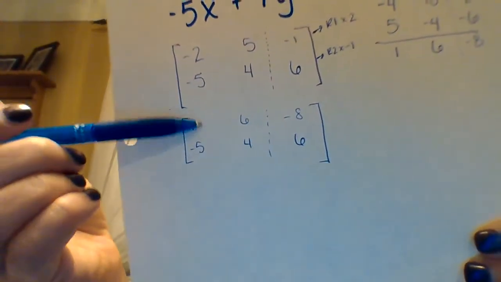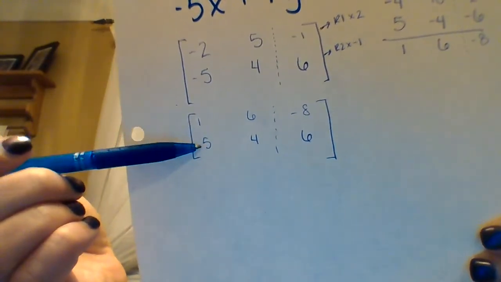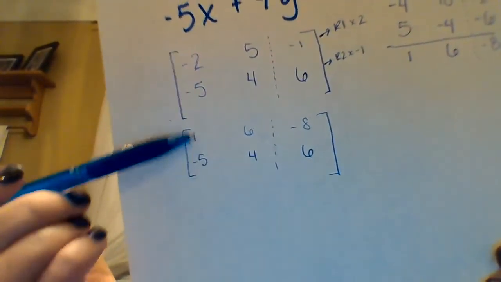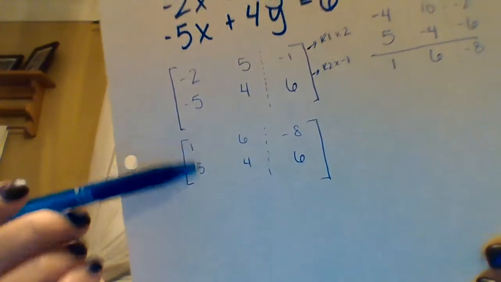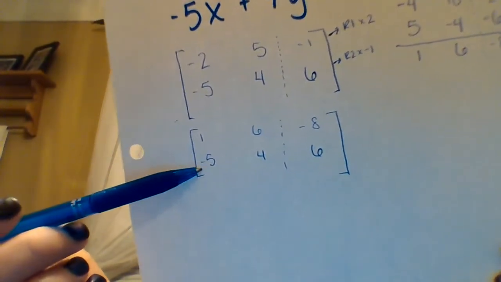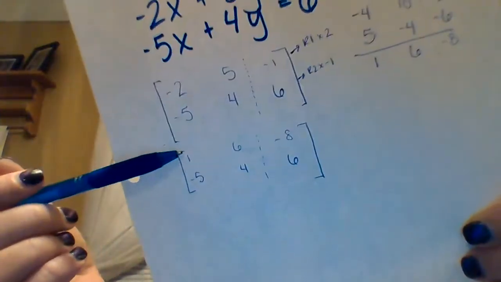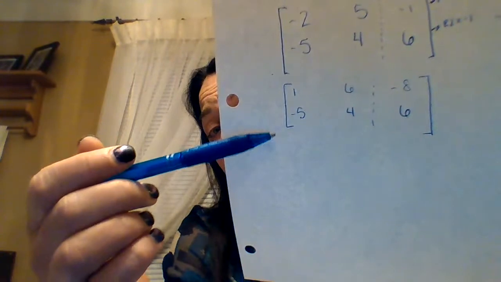So I got my 1 here. That's what I want. Next, I need a 0 here. And again, once you have this 1, you're going to use this 1 to get this guy to be a 0. So since this is a 5, what type of 5 is it? I need this top 1 to also be a 5. But since this bottom one is a -5, I need the top one to be a +5.